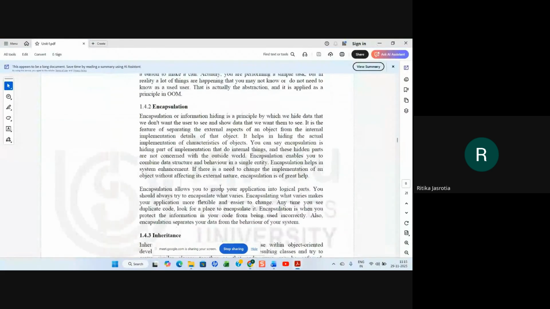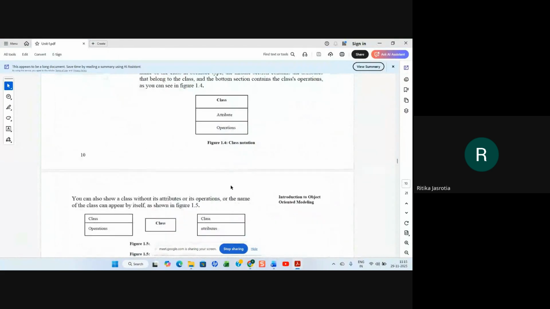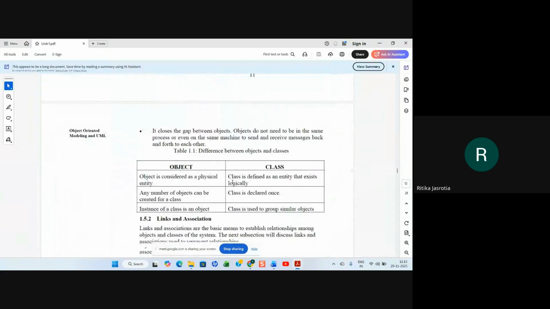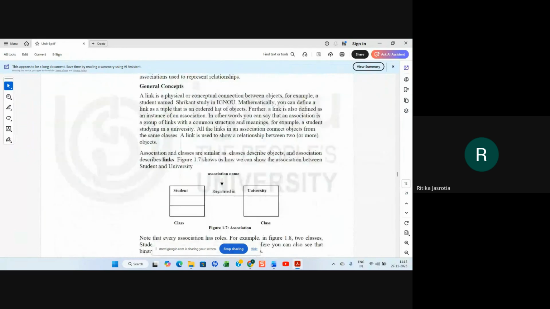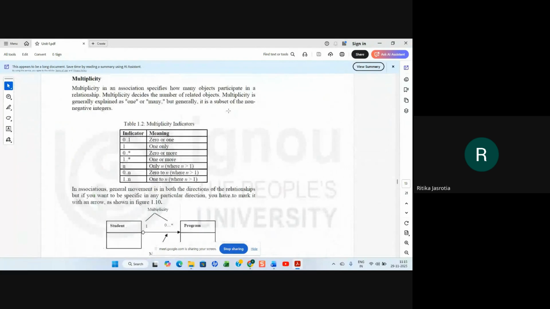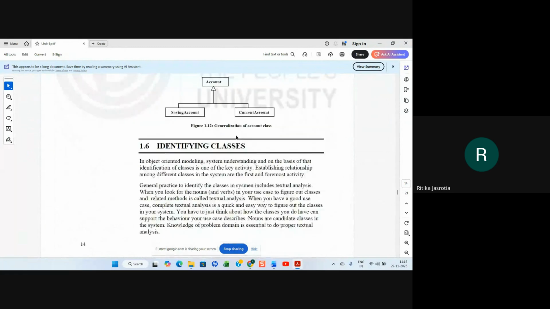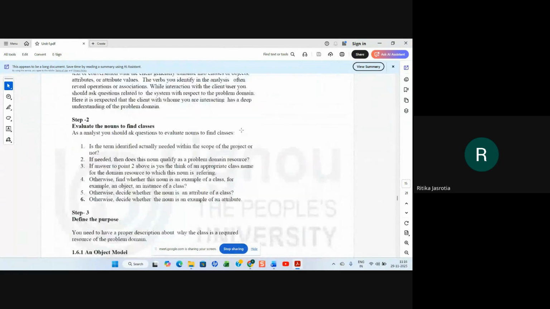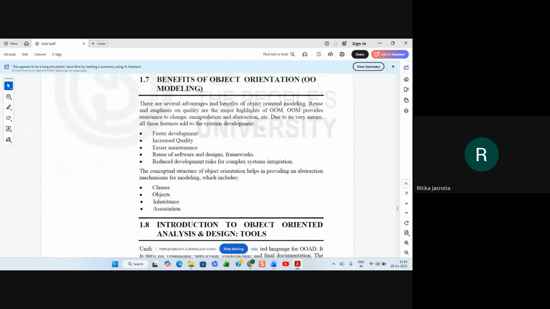I don't know if UML is given in this or not. I'm just seeing. So this is class and object. If you are asked a question about what is the difference between an object and a class, it is also there. And the definition, link and association is also given, multiplicity is given, aggregation is given, generalization and inheritance is given.